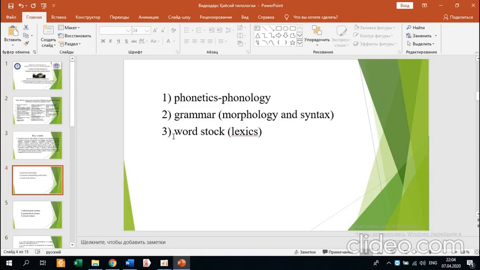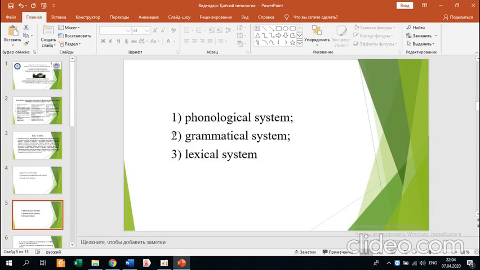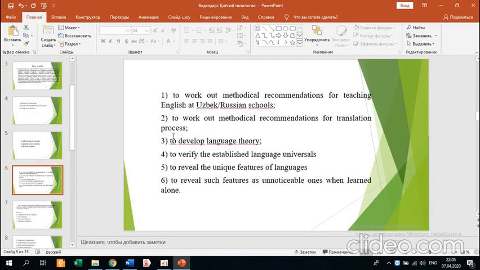This means that we shall learn the three main systems of the compared languages. They are phonological system, grammatical system, and lexical system. We pursue the following six main purposes in studying comparative typology.